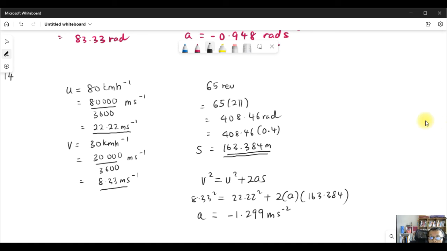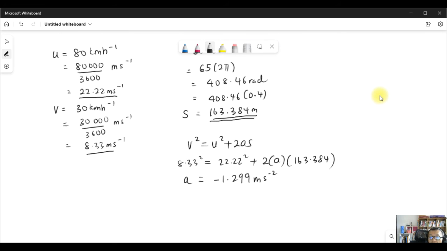But because they want to know the angular acceleration, how much is 1.299 meters converted to angle? Remember, S equals r theta from circular motion in Form 5 Add Maths. S is the arc length. Our radius is 0.4. What is our angular displacement?